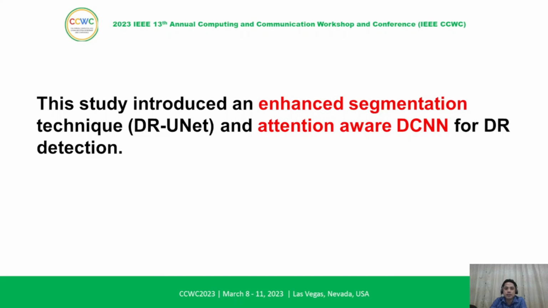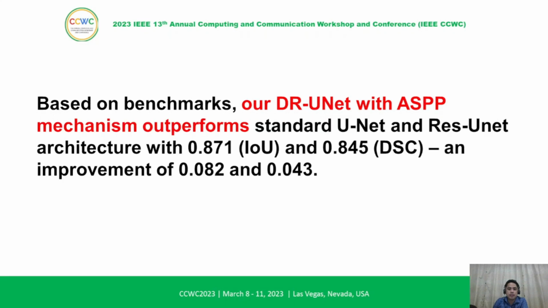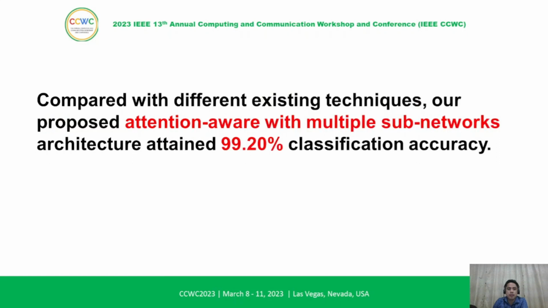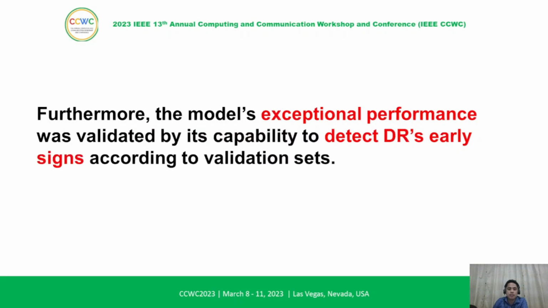So this study introduced an enhanced segmentation technique we call DR unit and attention-aware DCNN for diabetic retinopathy detection. Based on our benchmark, our DR unit performs very well compared with other standard unit and residual unit based on the benchmark values. Compared with the different existing techniques, our proposed attention-aware architecture with multiple subnetworks attained 99.20% classification accuracy.